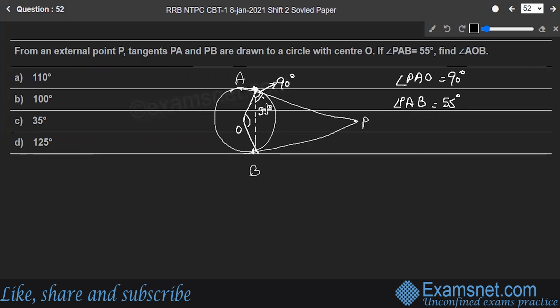Two things actually. Tangents drawn from the same external point to a circle are equal in length. So, PA is equal to PB.